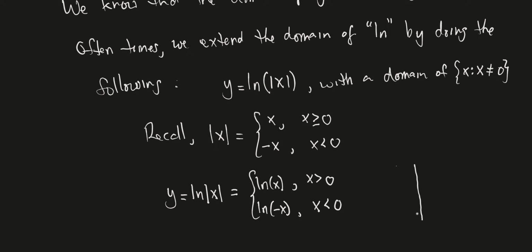This function is an even function, so it's going to be symmetric with respect to the y-axis. On the positive side, we will have the familiar looking ln function that looks like this, with that vertical asymptote along the y-axis. Now, if I have this extension to the ln, it turns out this piece just gets mirrored across the y-axis. So it's like that.